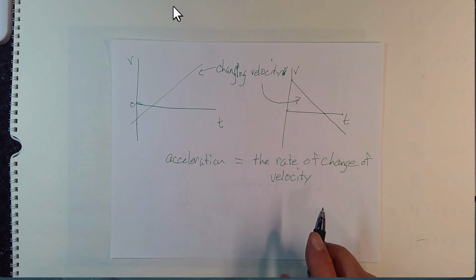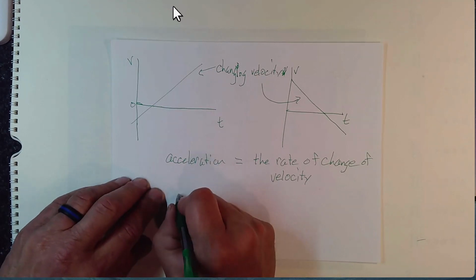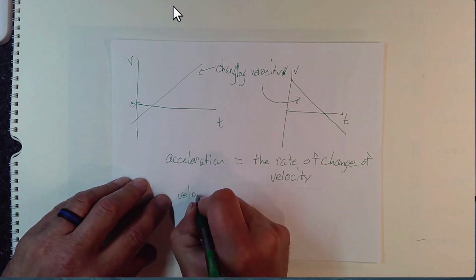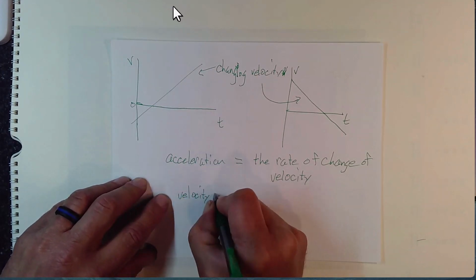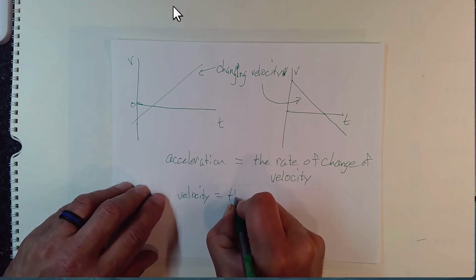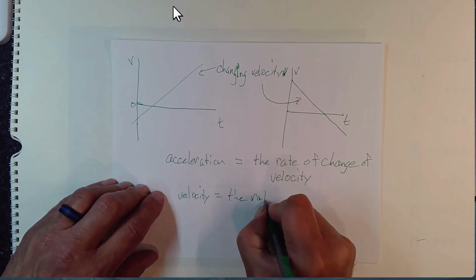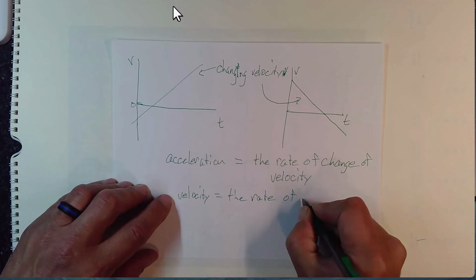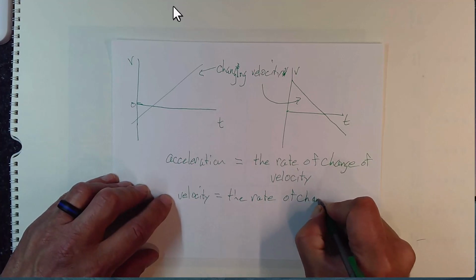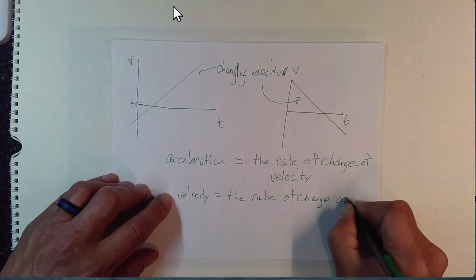Now, we've had a rate of change of something before. Velocity is actually equal to the rate of change of position.